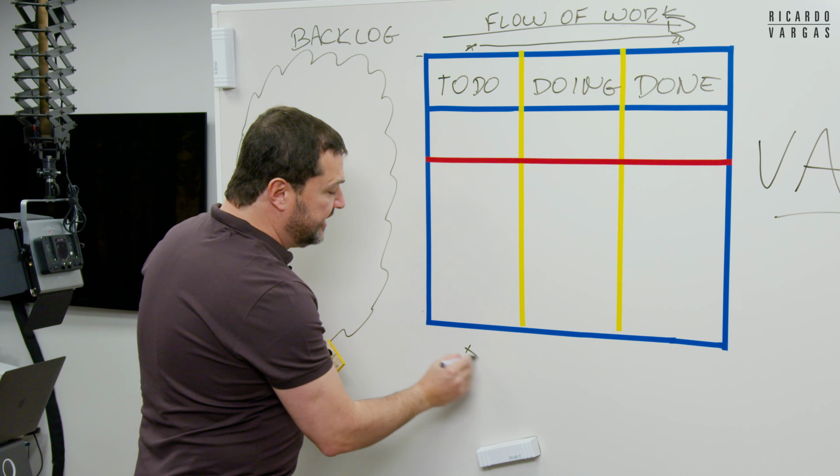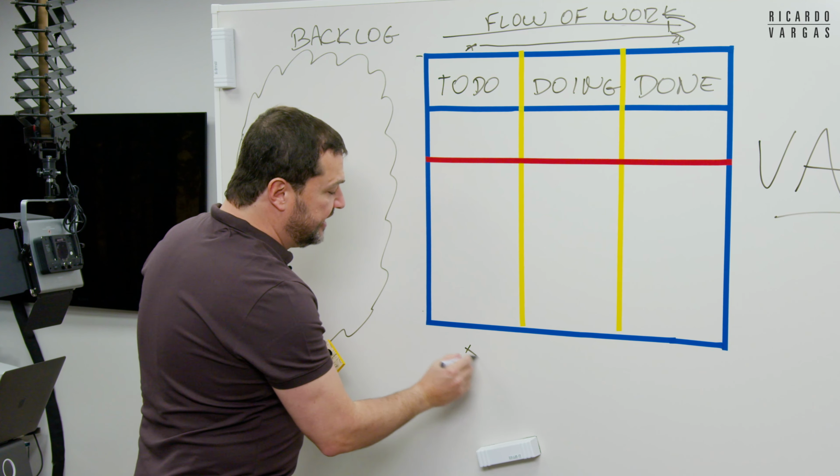Another example, let's suppose a recruitment process. On the recruitment, we can introduce 7 columns. And let's give you an example. Our backlog can be our applicants.